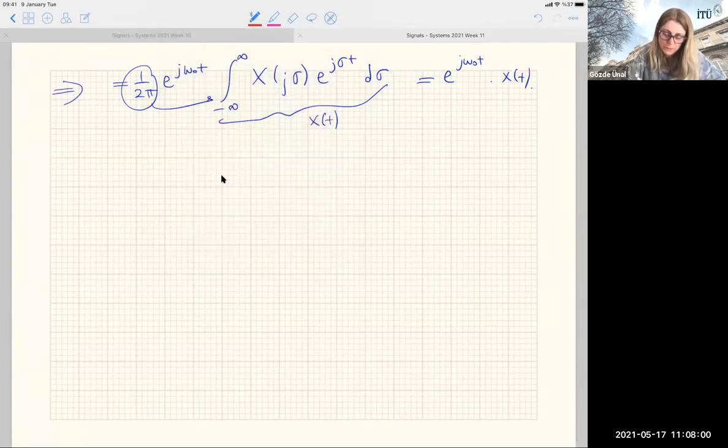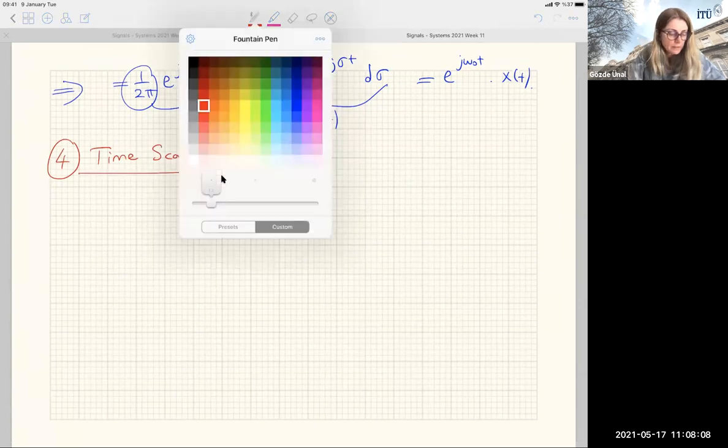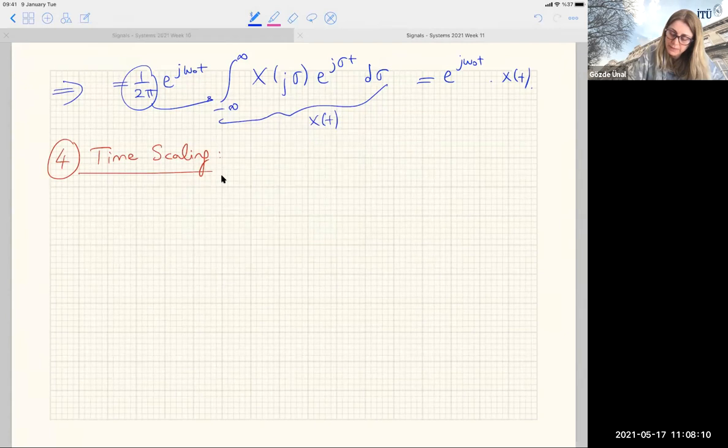Another property, the fourth property, is time scaling. Meaning time scale my signal. Again, x of t has a Fourier transform. Time scale my signal, it could be compressed or expanded. Remember, we were doing this before.